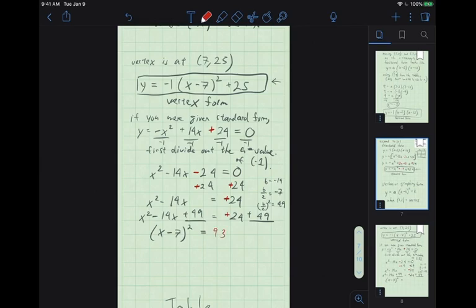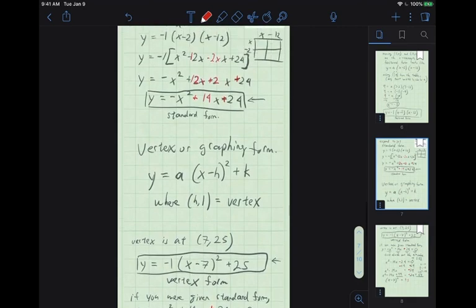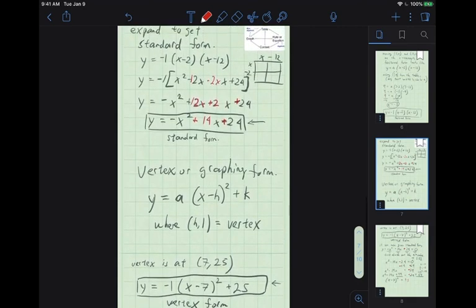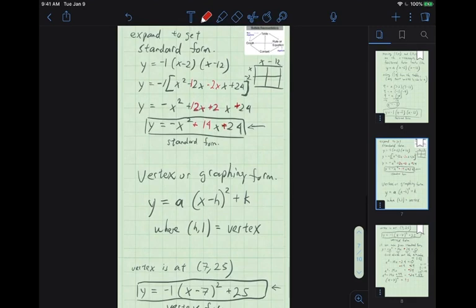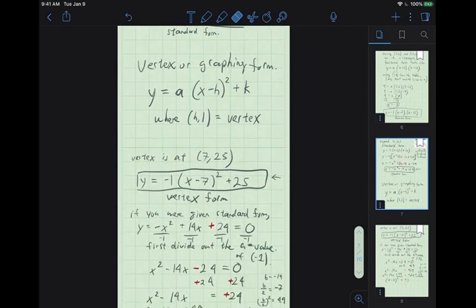That's not it. Just from distributing, minus 24.